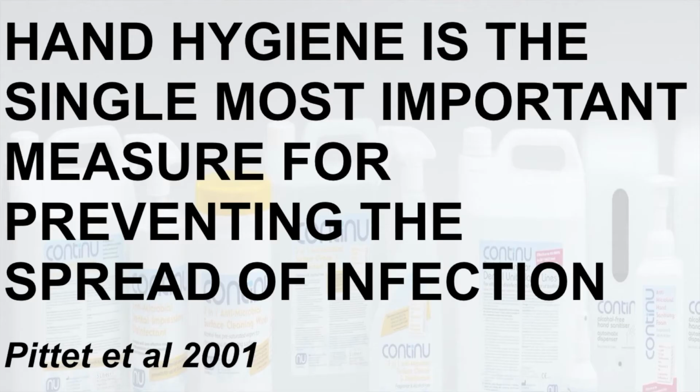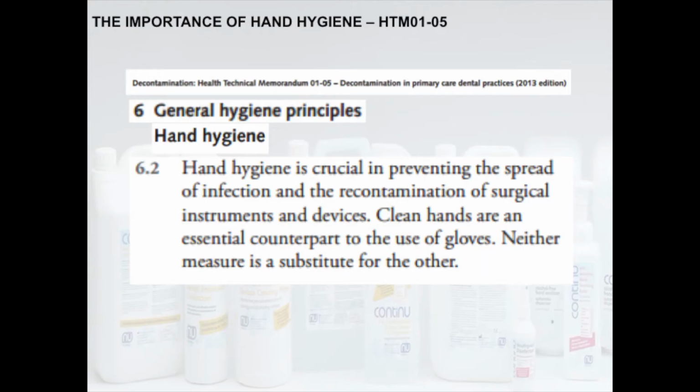But, as I've said already, the purpose of effective hand hygiene is infection control, because hand hygiene is the single most important measure for preventing the spread of infection. This is reinforced in HTM 0105, which says that hand hygiene is crucial in preventing the spread of infection and the recontamination of surgical instruments and devices.